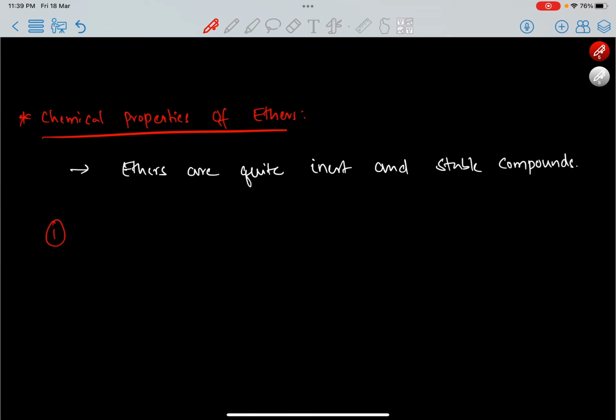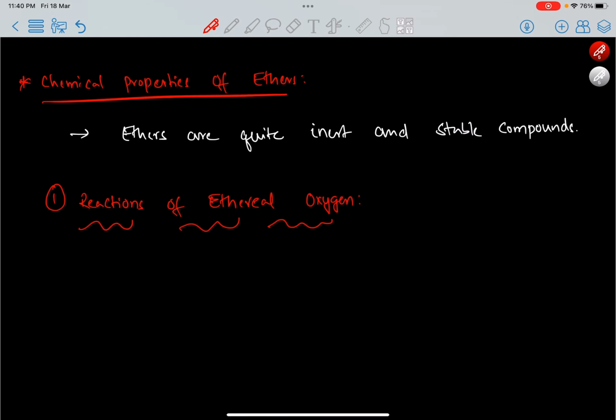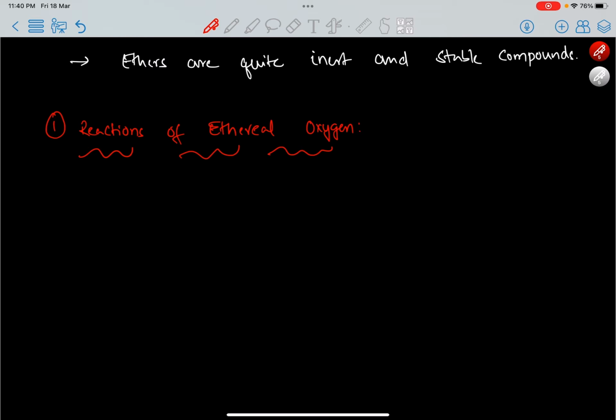So first one is reactions of ethereal oxygen. What is it? Ethereal oxygen means the oxygen which is present in the ether functional group. First one is action of air, that means what happens when ethers are exposed to air.